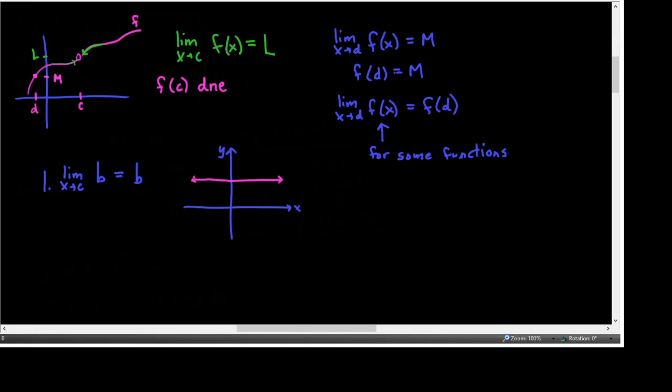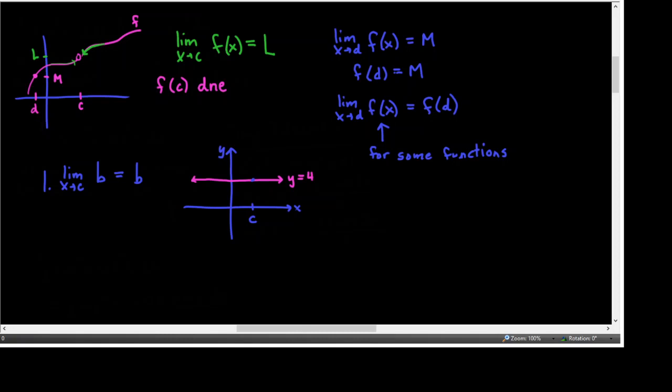This function has a constant output of 4, no matter what x is. The y value is 4. And so if you put any number c into that function, you'll get 4. You'll get that same value back.